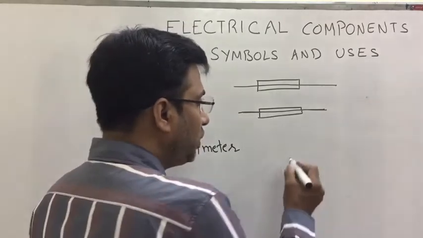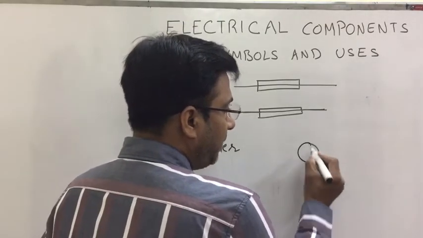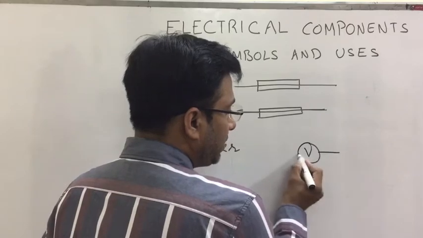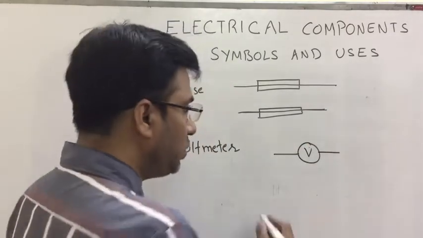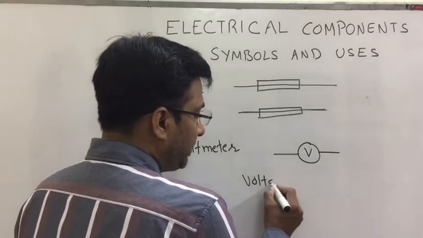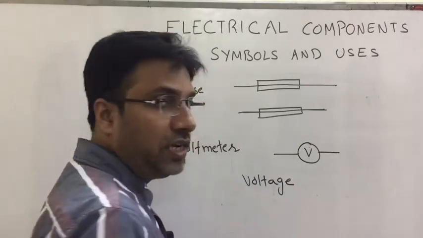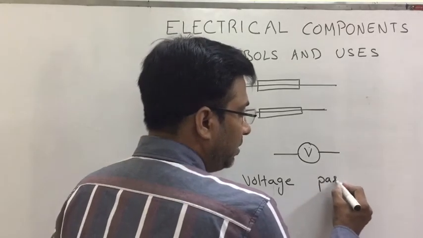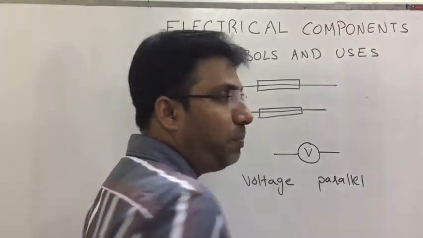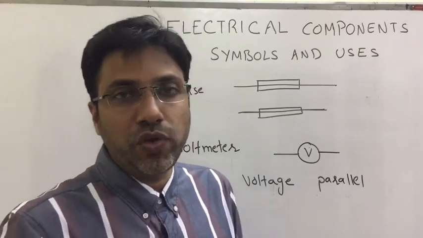Voltmeter we represent like this, circle, V in this and 2 lines. Voltmeter is used to measure voltage. And voltmeter is always connected in parallel across a component whose voltage you are investigating.